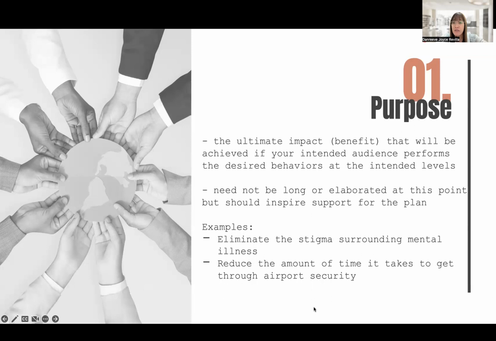So objective is what we want the audience to do, what they need to know or believe in order to be persuaded, while goals establish a desired level of behavior change as a result of the program and campaign efforts. So some examples of purpose is to eliminate the stigma surrounding mental illness and reduce the amount of time it takes to get through the airport security.